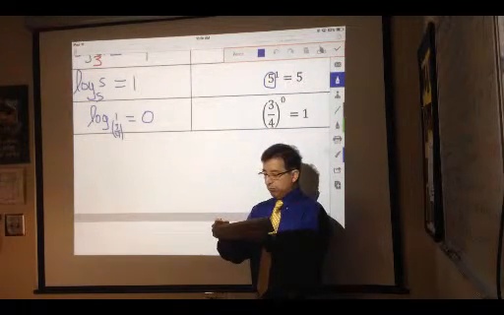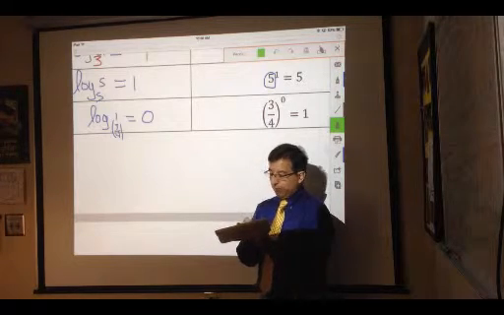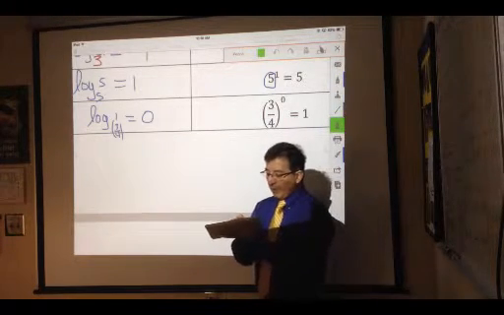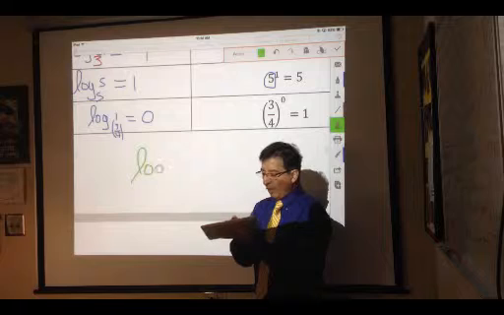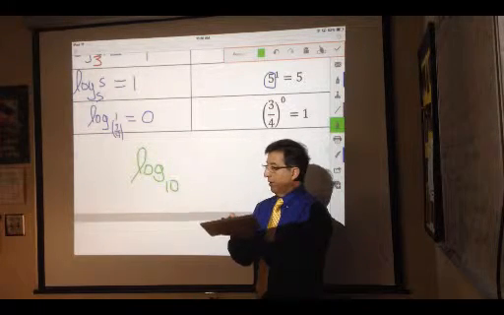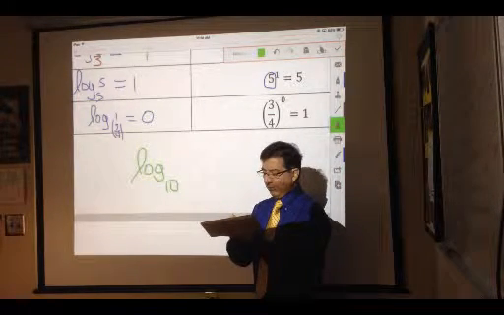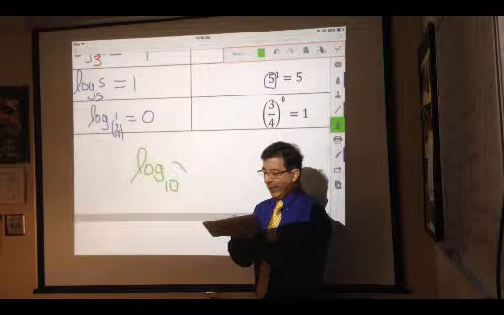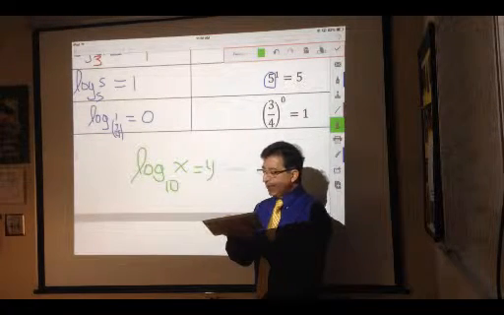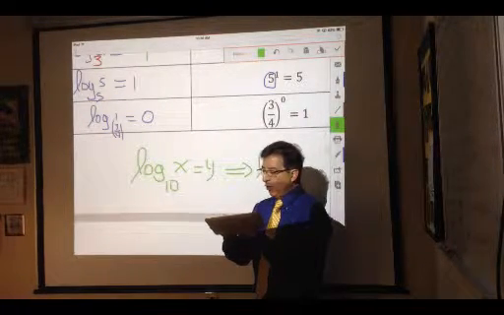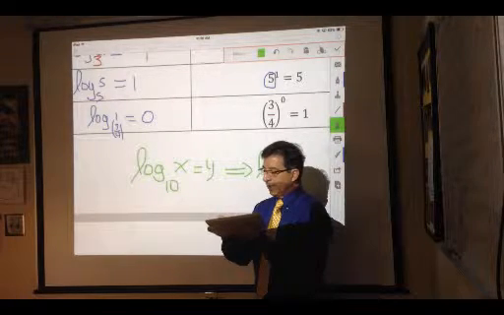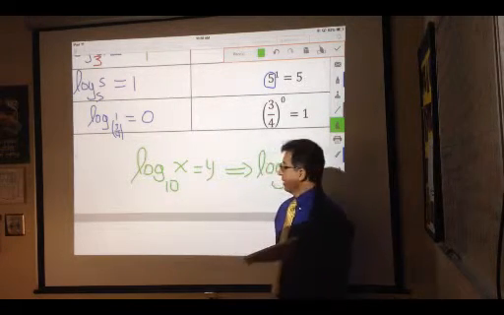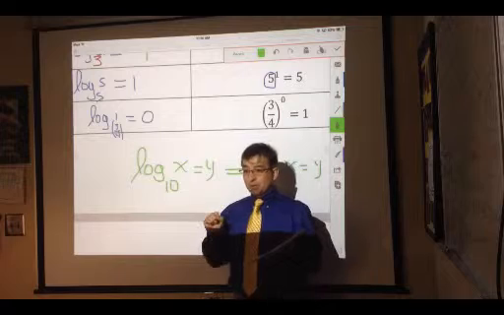some notations. The common logarithm. If you have logarithm on base 10 of x is equal to y, this is the same as writing log of x is equal to y. Do you remember the square root?